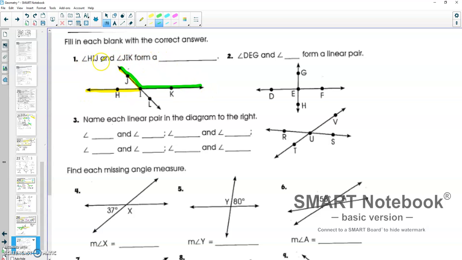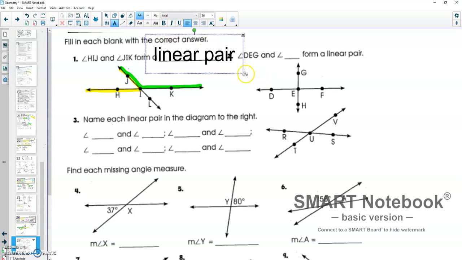Oh, I think I just gave the answer. HIJ and JIK form a line, right? And there's two of them, so we would write linear pair.